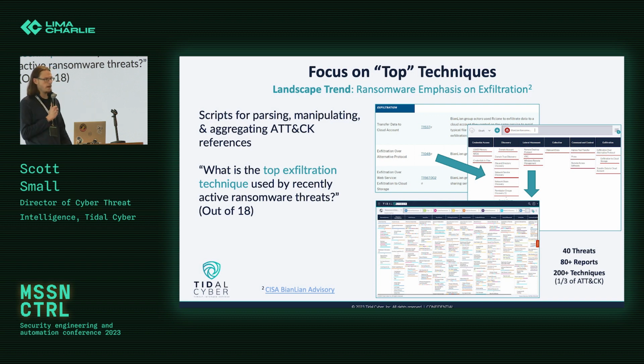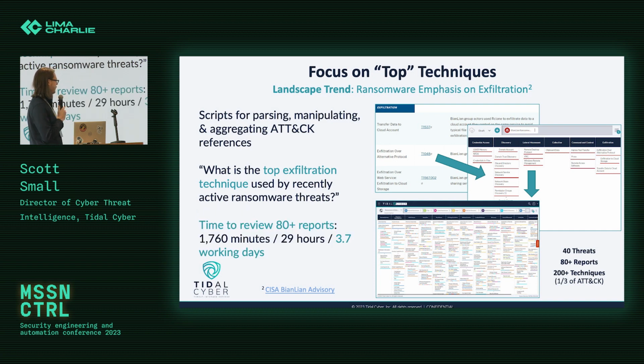So the threat hunt or detection hypothesis that we might be looking at is, what is the top exfiltration technique used by recently active ransomware threats? There are 18 exfiltration techniques defined in the MITRE ATT&CK knowledge base. I sat down and plugged these all into the reader view to get a sense of how long it would take you to process through all these reports.